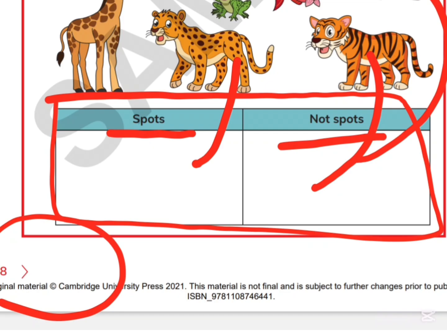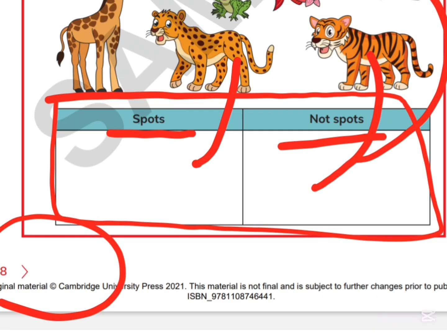Okay, so this is page number 68, statistics, example 1. All right, example 1, page number 68. We can see so many animals here, and you can see the 2 tables as well.